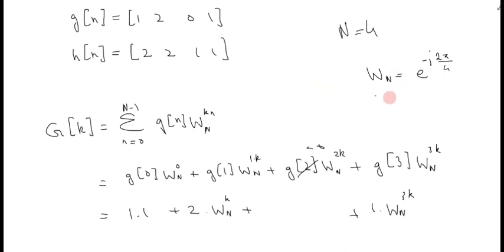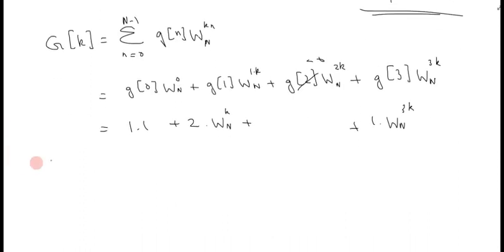So using this value of w4, we can have g of k equals 1 plus 2 into e raised to power minus j pi by 2 k plus 1 into e raised to power minus j 3 pi by 2 k.